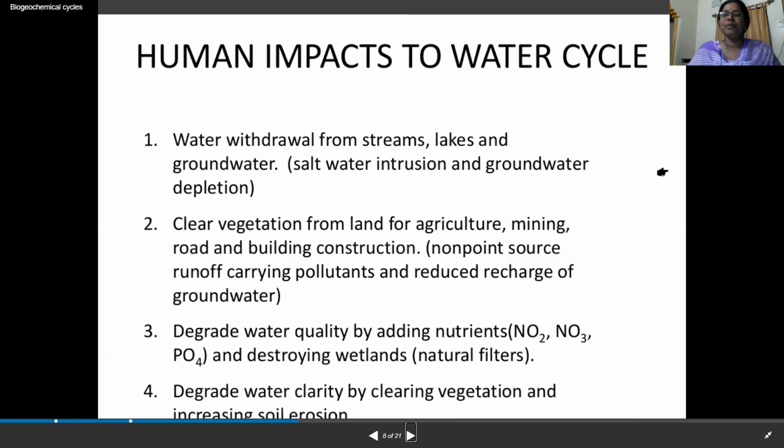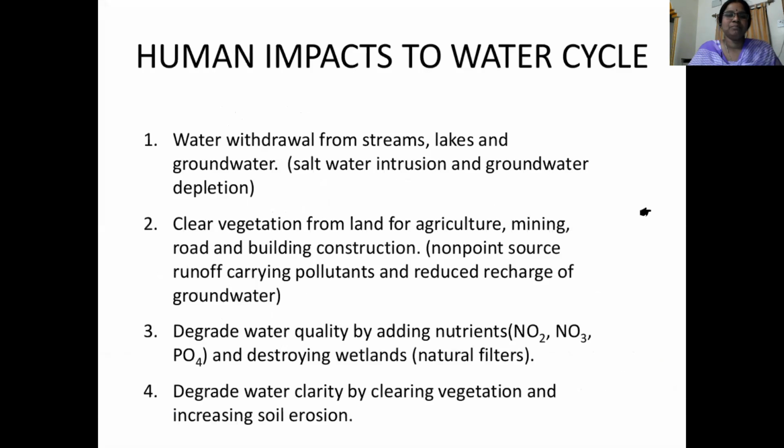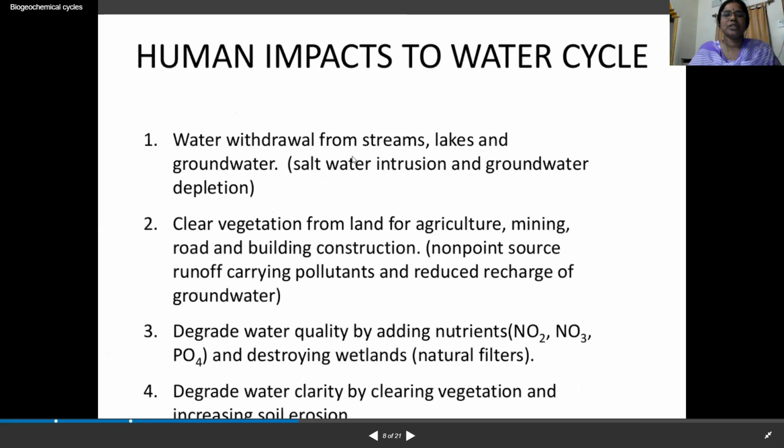So what about the human impacts on the water cycle? Water withdrawal from streams, lakes and groundwater. Saltwater intrusion, which is seawater entering, and groundwater depletion. As you know, seawater levels are also going to be depleted apart from groundwater. Already we are in a groundwater crisis, and the most pitiable thing is that even the seawater is getting reduced.